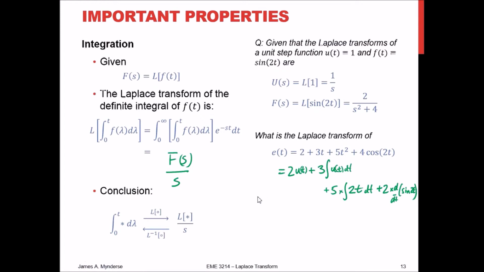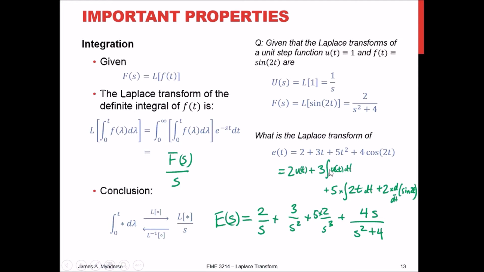So if we write it this way, we can exploit what we already know about these two functions. If the Laplace transform of 1 is 1 over s, then the Laplace transform of 2 will be 2 over s.